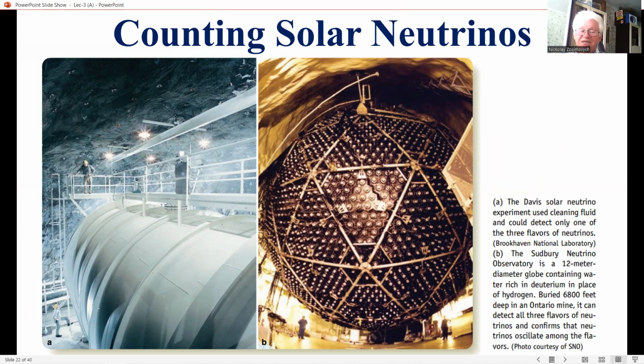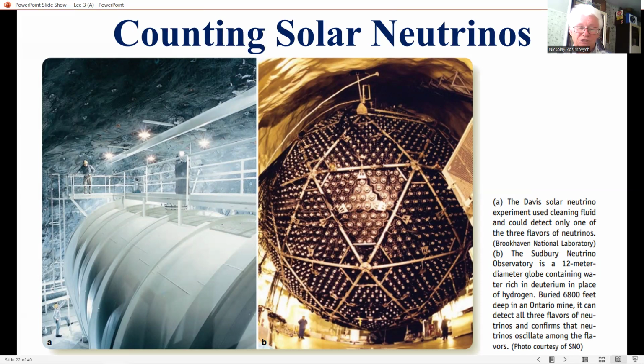Over 10^12 solar neutrinos flow through your body every second. But you never feel them because you are almost perfectly transparent to neutrinos. If you could detect these neutrinos, you could probe the sun's interior.